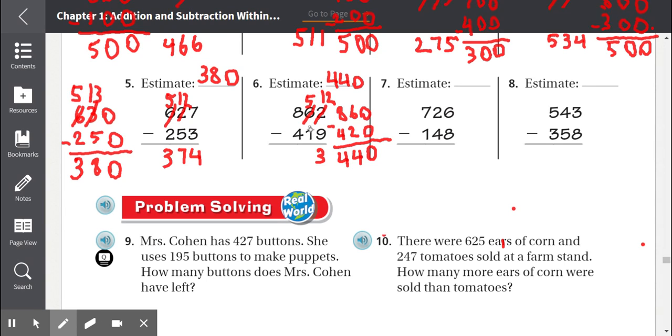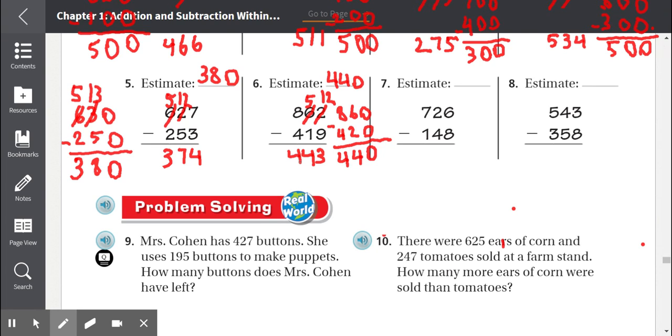Now we subtract the tens place. It's no longer 6 minus 1. It is 5 minus 1. 5 minus 1 is 4. In the hundreds place, 8 minus 4 is 4. Our exact answer is 443. Our estimate was 440.